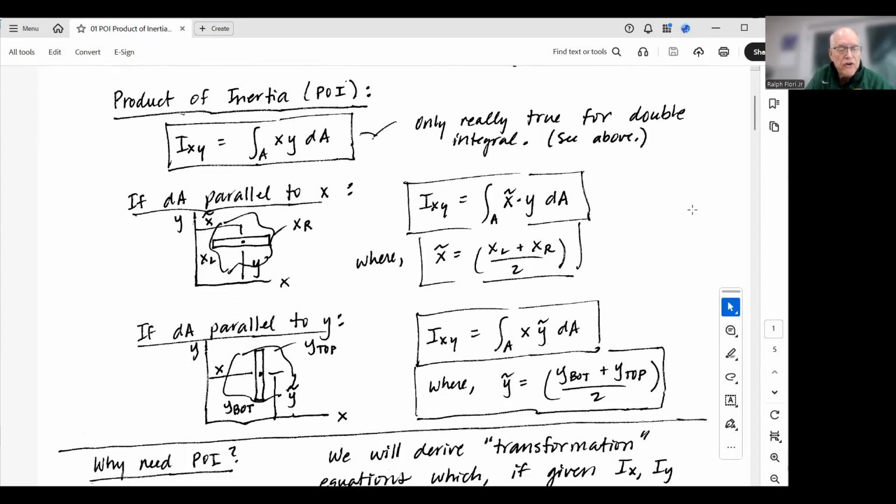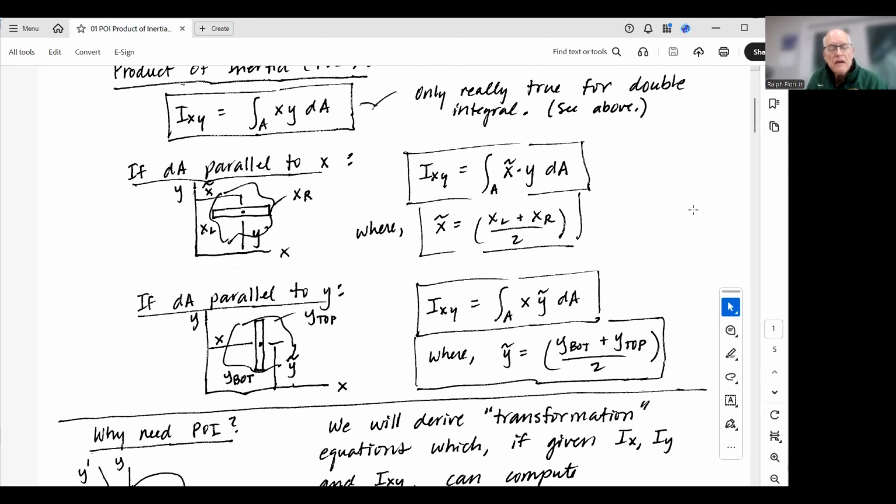If you choose to use a vertical element, then the distance from the y-axis to the centroid of this element is x, but the distance from the x-axis up to the centroid of this element is y tilde, which is the average of y bottom plus y top divided by 2. So strictly speaking, it would be an x times a y tilde dA.